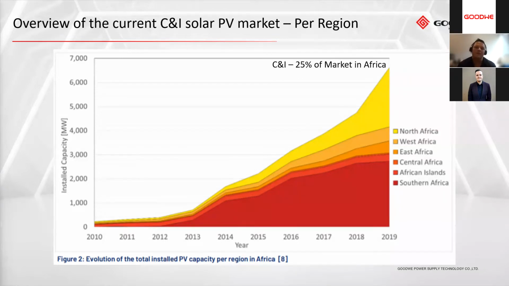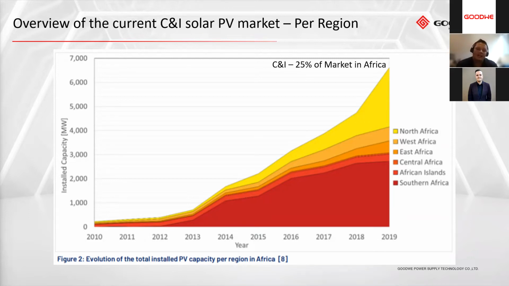And then, of course, you've got some exciting things happening in North Africa, as well as Central, West and East Africa. What I've put a note there is that, this being the total market size, we normally estimate C&I to be around 25% of that market.